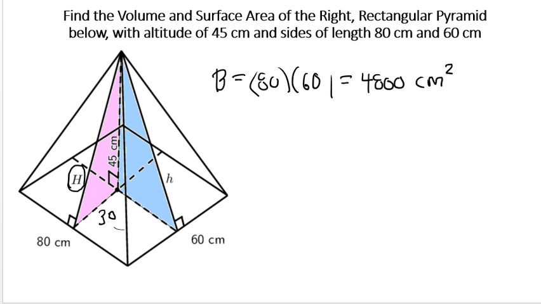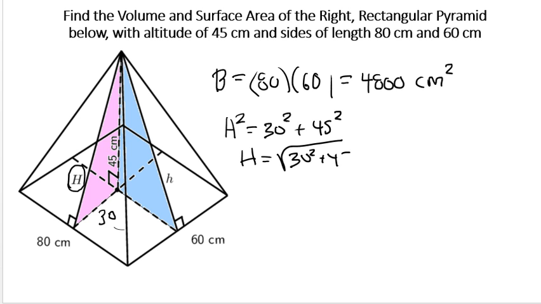So H squared equals 30 squared plus 45 squared. That will get me big H, the one slant height. So H will equal the square root of 30 squared plus 45 squared.